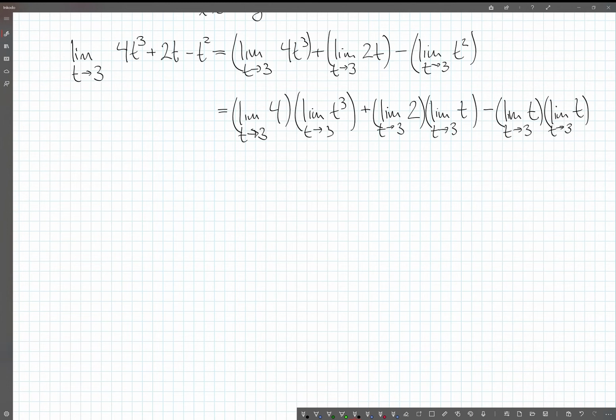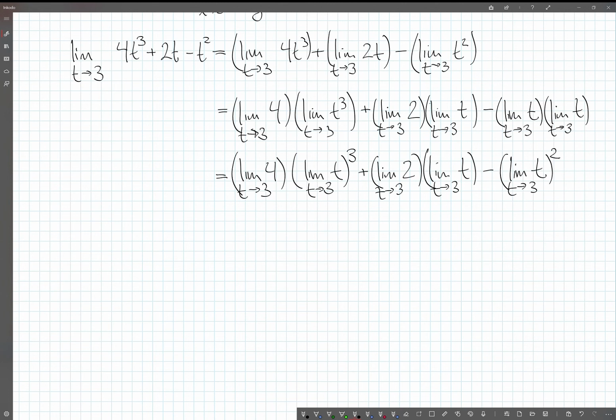So we can go ahead and write each product there as two limits multiplied together. Notice the very last term I've written as t times t, right? t squared is t times t. We can actually do the same thing with the t cubed. And instead of writing limit of t times limit of t times limit of t, I'm just going to write limit of t cubed. And I'll do the same thing with the limit of t squared.